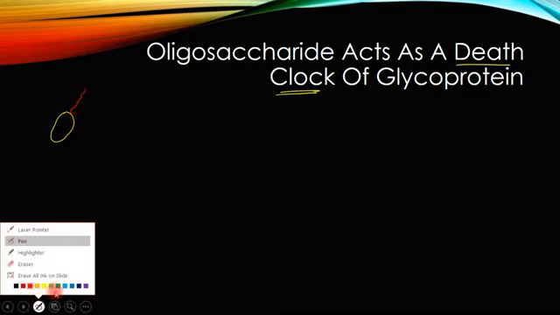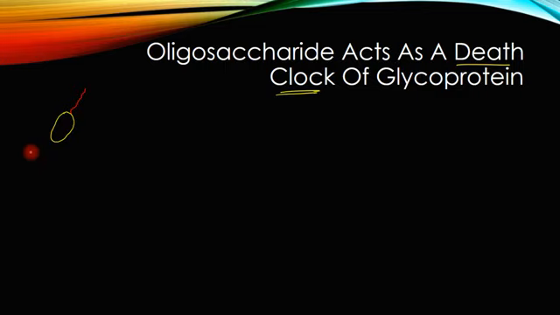So basically, this whole molecule is a glycoprotein. This yellow part is the protein, and this red part is the oligosaccharide units. So this complete molecule is the glycoprotein.